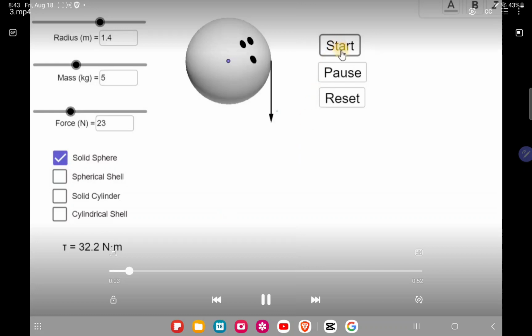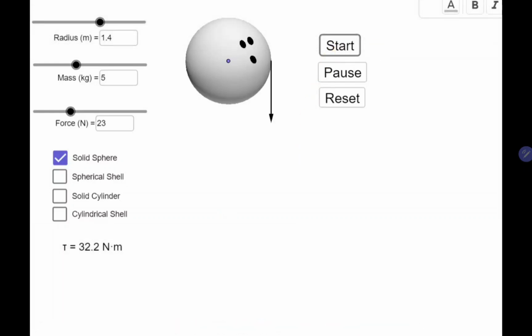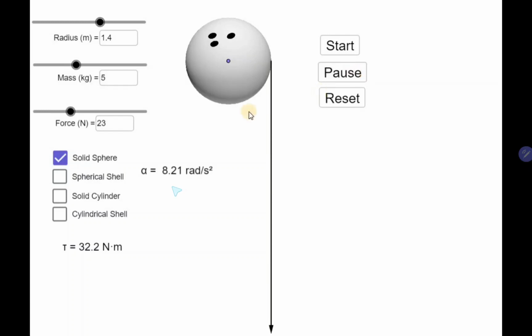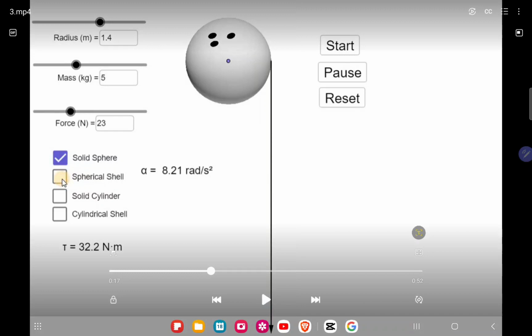To calculate the angular acceleration, we applied a force on this one here equal to 23 newtons. The way we calculate the angular acceleration is this: the net torque is equal to I alpha, and I in this case is the moment of inertia.